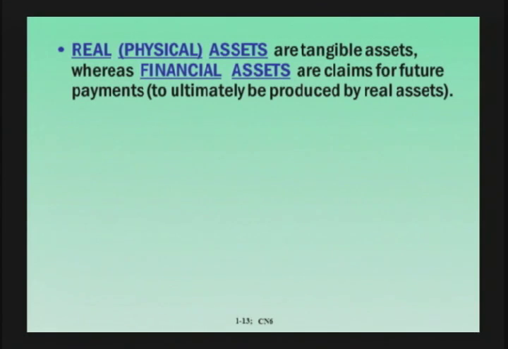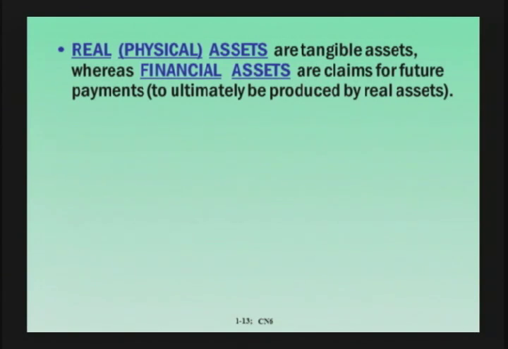So financial assets are claims on real assets. If we did not have financial assets, then transactions would have to take place in real or physical assets. In other words, without financial assets, trade would be in the form of barter, trading one good or service for another good or service.